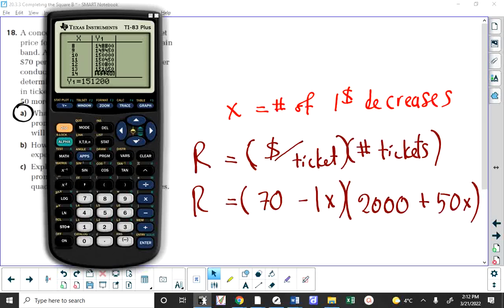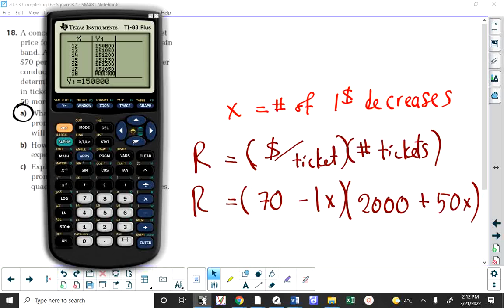I don't know if some of you can tell, but I don't think it seems to be climbing as fast right now as it was originally. And that tells me it's about to turn around. So when I look at my Y values here, everybody, I can see that Y peaked somewhere around 151,250.